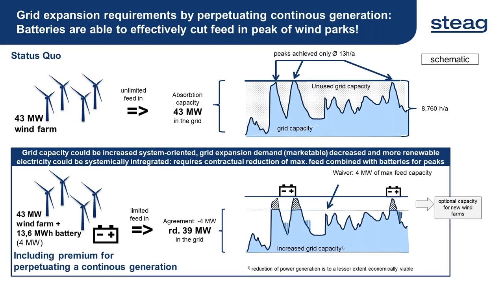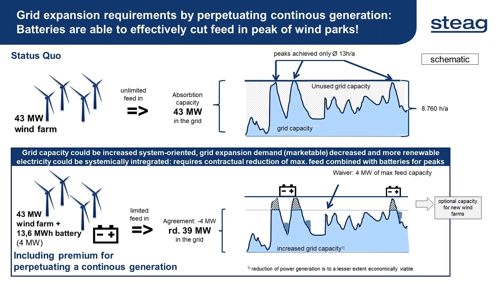And we were discussing how the feed-in could be more system-oriented, if there is a really limited feed-in or a contract between the wind farm and the grid operator, for example a limited feed-in of 4 megawatts in this case, about 10%.